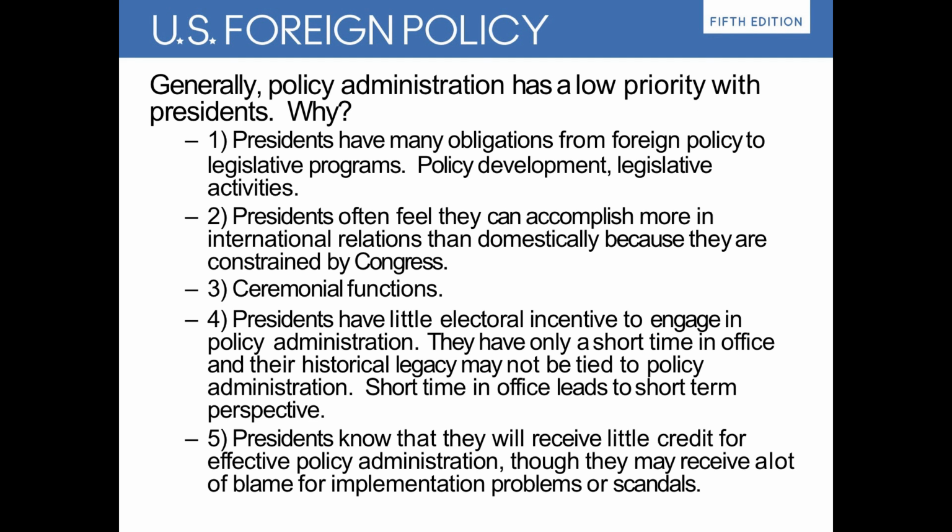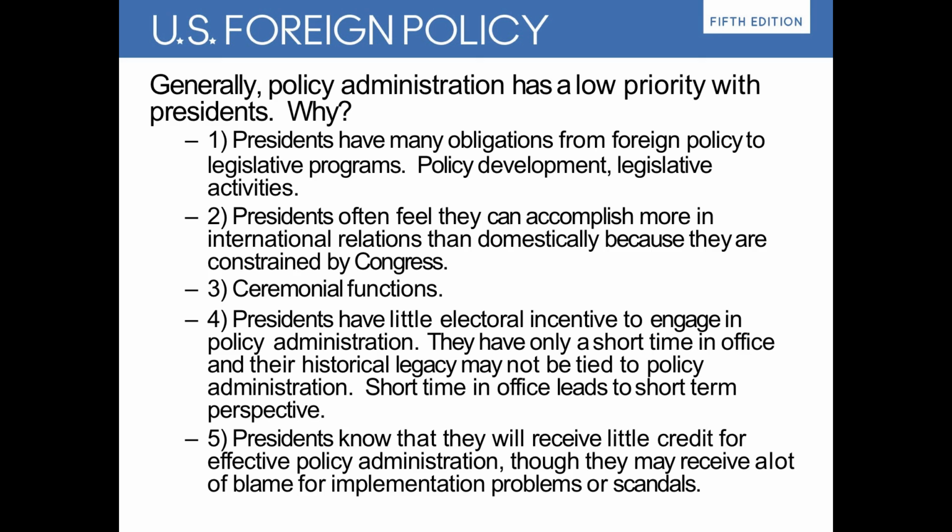So why is policy administration a low priority? A list of 5 things. And you can think about how this works with our current president, as we have actually seen a failure in considering implementation with that executive order regarding immigration and migration. So lots of obligations.